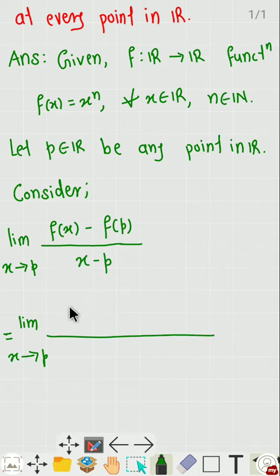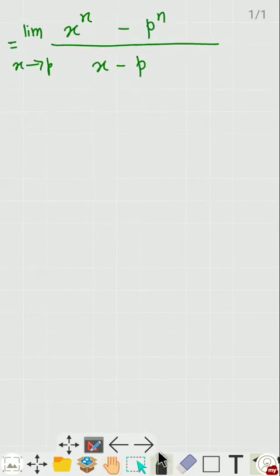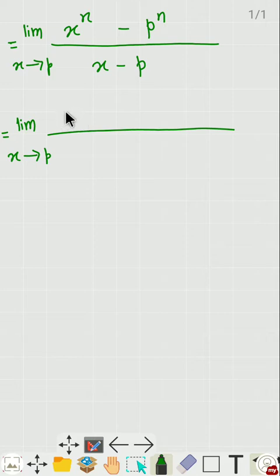So f of x is x raised to the power n, minus f of p is p raised to the power n, and the denominator is x minus p. Go to the next step, it is equal to limit x tends to p. Just factorize this term. This term has two factors.